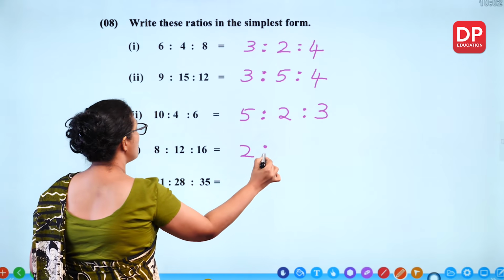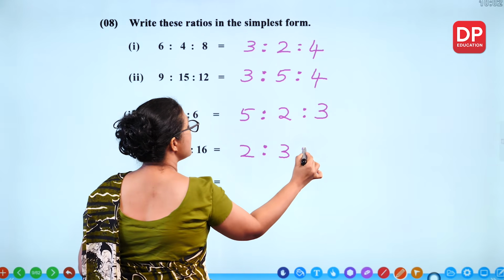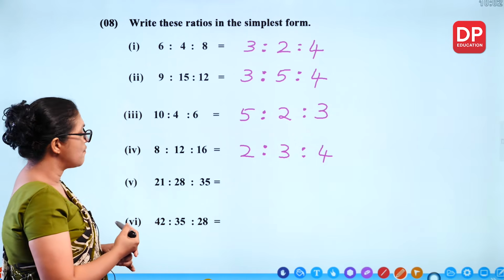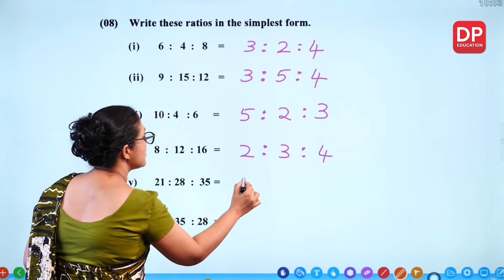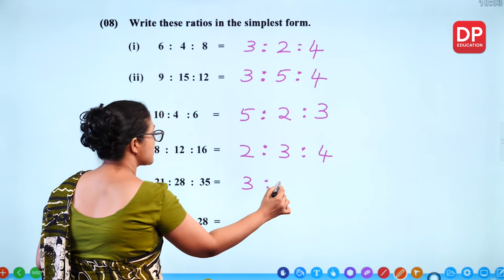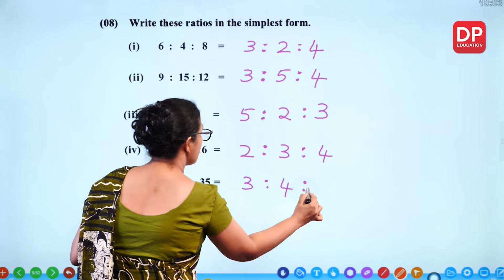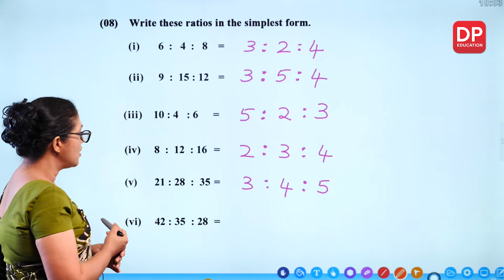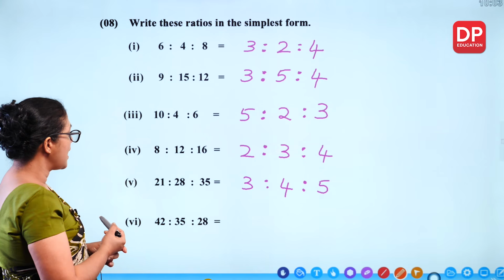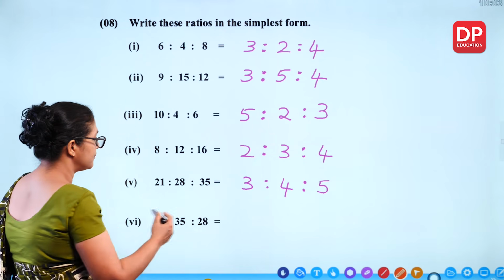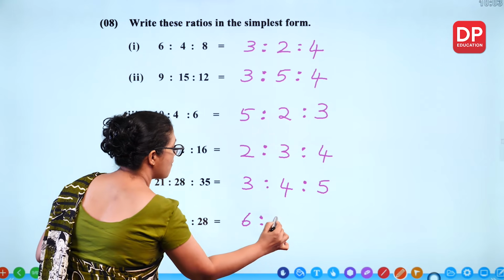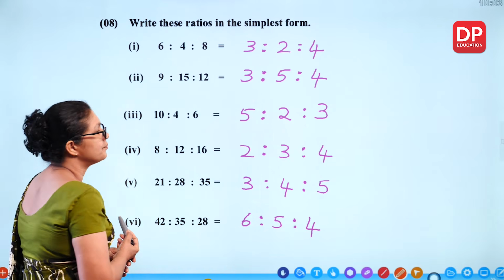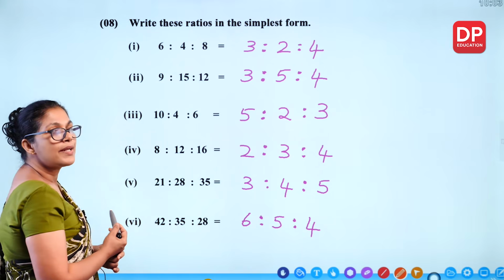You get 2, 3 and 4. 21, 28, 35, you can divide by 7: 7 times 3, 7 times 4, 7 times 5. 42, 35, 28, I can divide this by 7: 6, 5, and 4. So those are the simplest form.